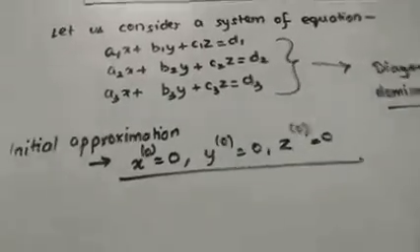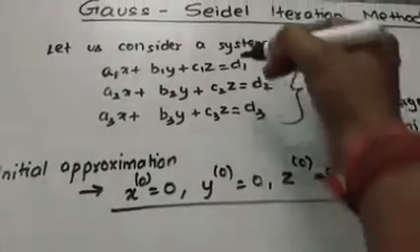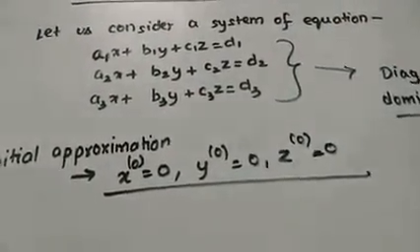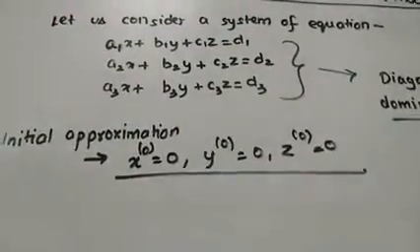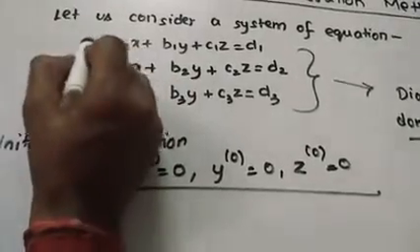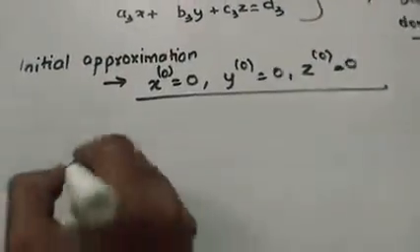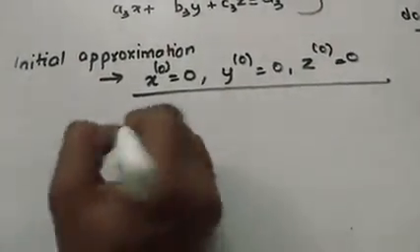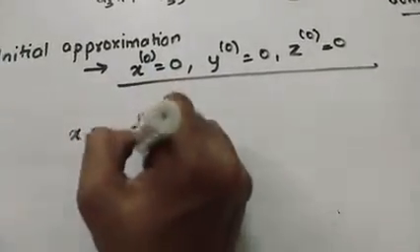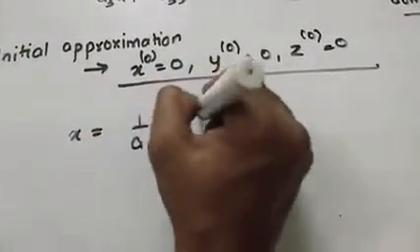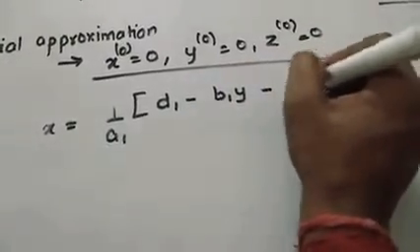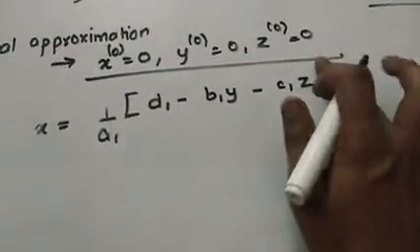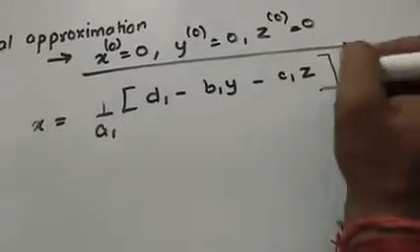Now in Gauss-Jacobi, from these equations we find our x, y, z. Here also we are going to find our x, y, z. From the first equation we are going to find our x. I am writing it directly. From here you will get x as 1 by a1 times d1 minus b1y minus c1z.